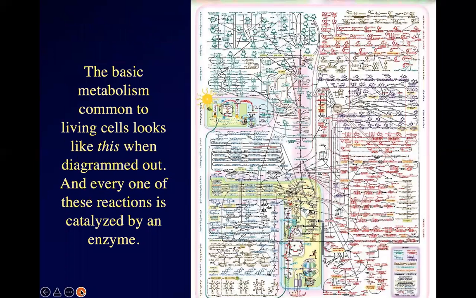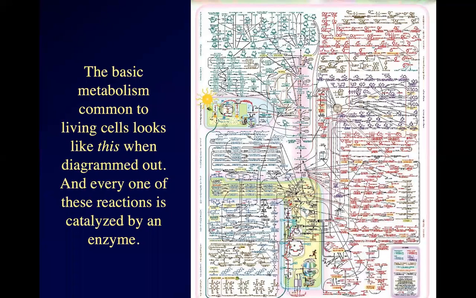All right. And if we diagram out the basic metabolism that all living cells do, it looks like this. I'm not expecting you to memorize this, of course. It is supposed to look like a rather messy plate of spaghetti, but every one of those little black lines that you see is one chemical reaction.